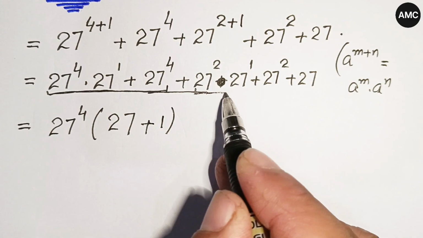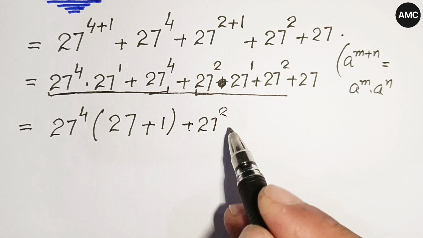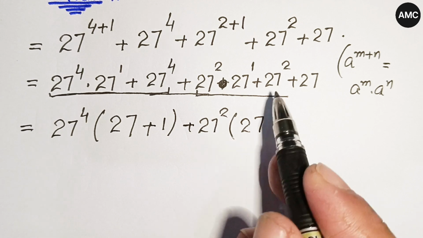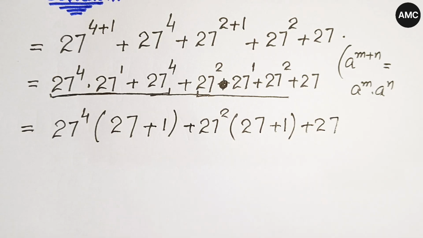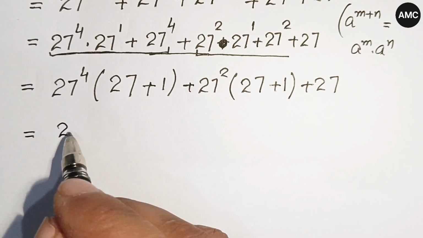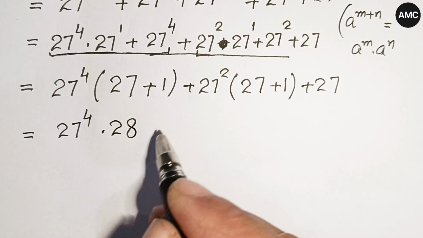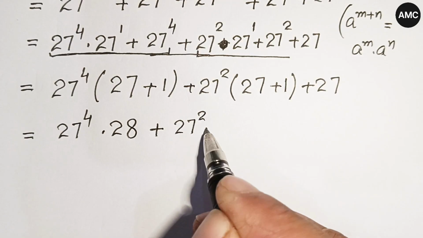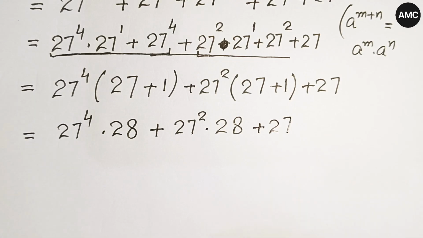And from this one we take 27 squared as common, so we get 27 plus 1. Now plus 27. Now our next step is 27 to the power 4 times 27 plus 1 is 28, and plus here we have 27 squared times 28 and plus 27.